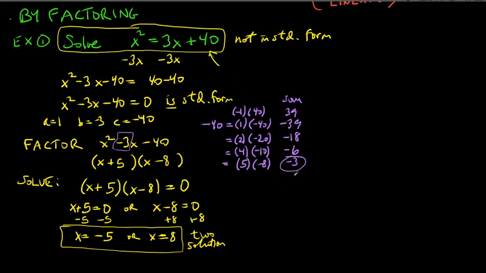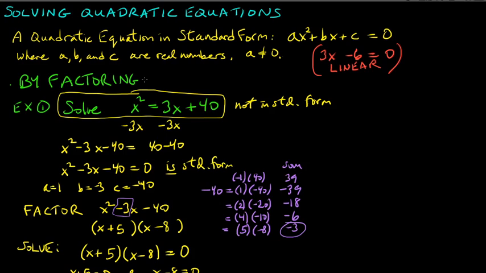I'm pretty sure they do. So you get two solutions, although you don't have to. Occasionally you get just one solution, but more often you get two. Okay, so that's solving quadratic equations by factoring. And this was in section, I believe it was 6.7 in chapter 6.